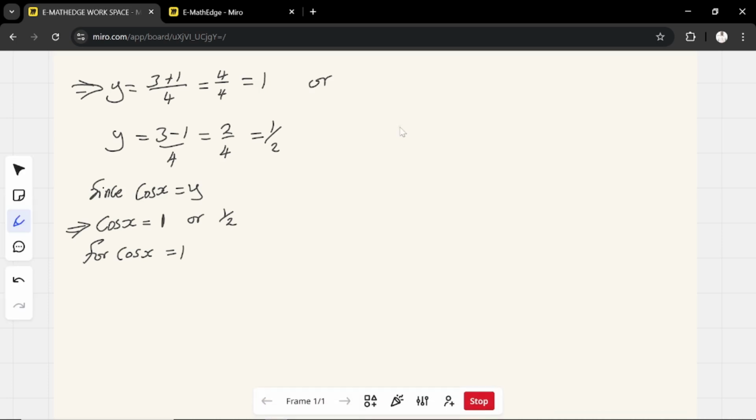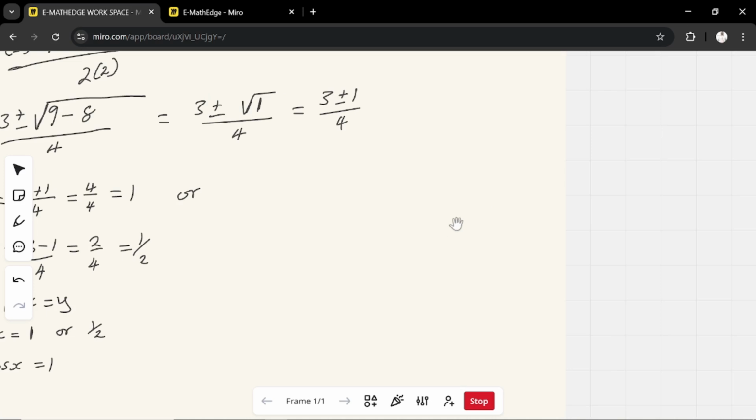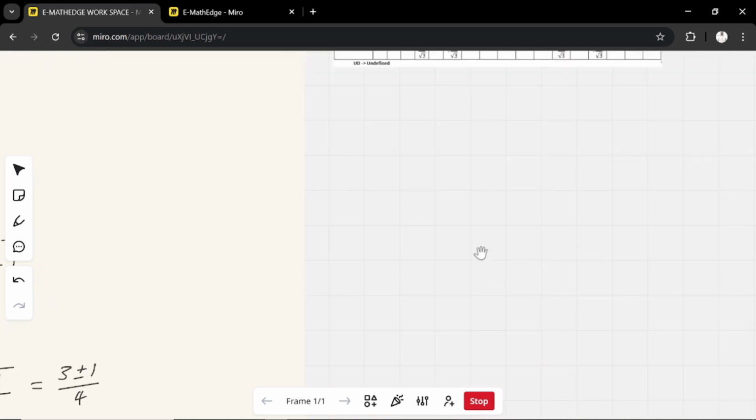So since we have cos x equal to 1, we are going to go to our trigonometric table to check what angle in degrees corresponds to cos x equal to 1.